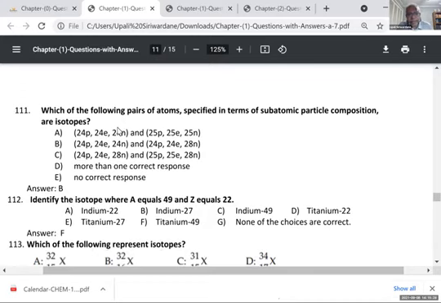Isotopes have the same proton number, same electron number, but different neutron number. So everything has to be the same except neutrons. B is the answer. B is the only one with same protons, same electrons, but different neutrons, 24 and 28 here, B.